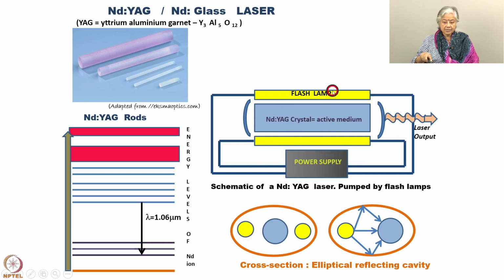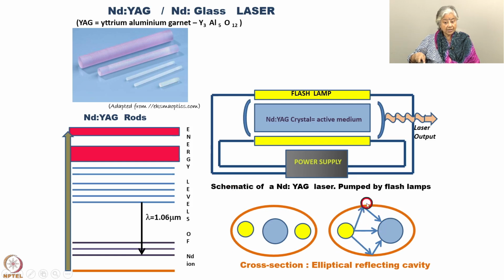Now, this elliptical part is actually a reflector. It is generally made out of some metal and the inside is highly polished, so that whatever light the flash lamp is giving out, nothing goes out, everything is reflected, like these lines shown here.